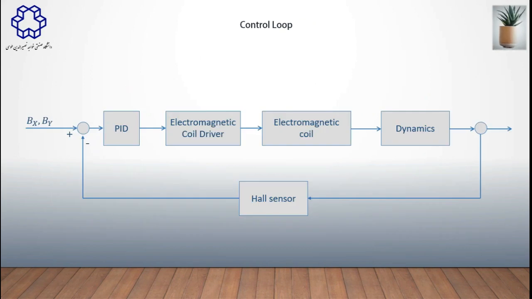As you see, it's a control loop. In the control loop, we have a PID controller, electromagnetic coil driver, electromagnetic coil dynamics, and Hall effect sensor. We want to stabilize X and Y magnetic flux.